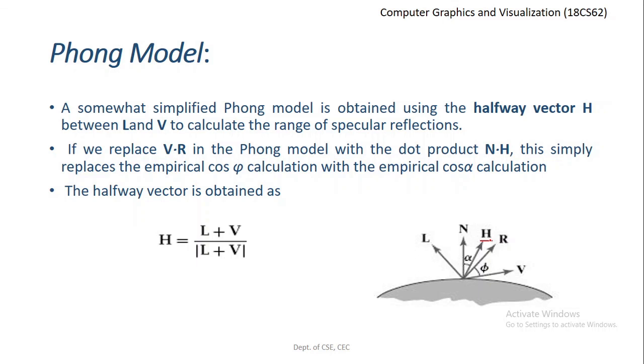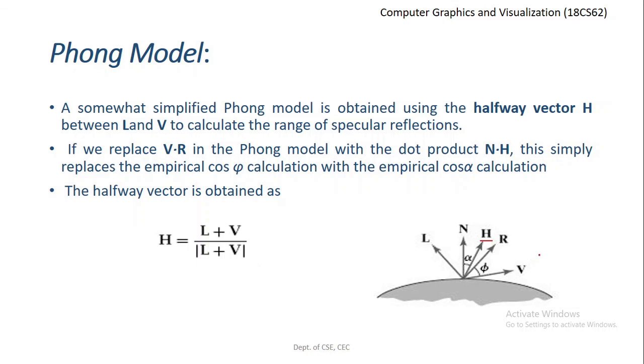So if you replace V dot R in the Phong model with the dot product of N dot H, this simply replaces the empirical cos phi calculation with the empirical cos alpha calculation. What is this alpha? It is the angle between the surface normal vector N and the halfway vector H. The halfway vector H is given as L plus V divided by the magnitude of L plus V. This is the vector which is halfway between the vector L and the vector V, so it is used to calculate the range of specular reflections.